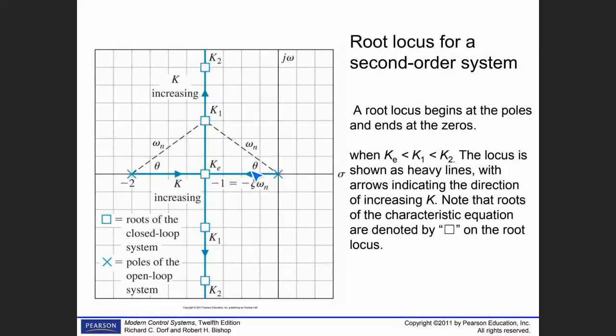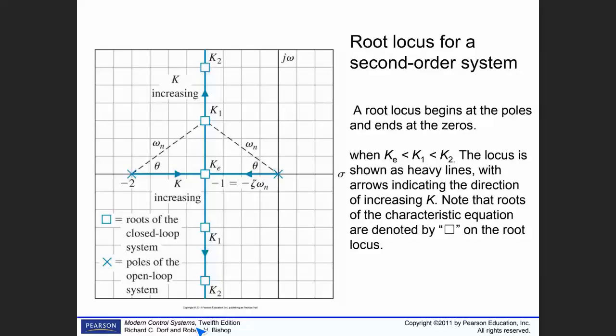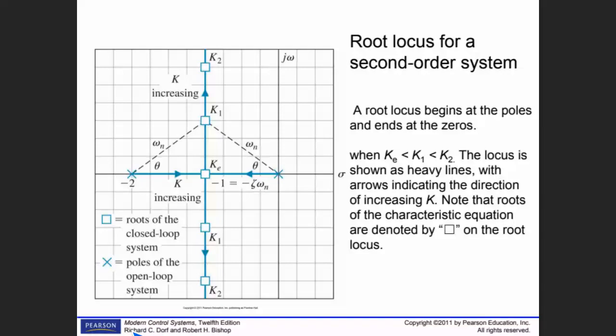That theta, for example, I generally call it beta. This book is Richard Dorf's and Bishop's book. This is also a very nice book.